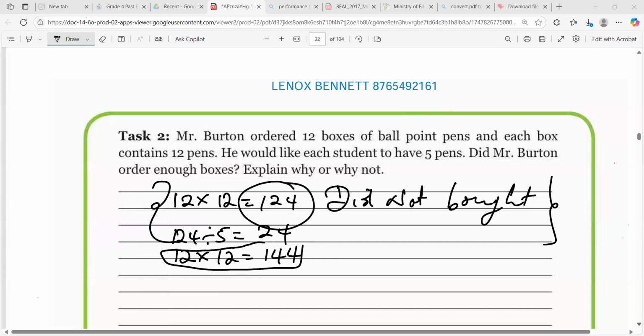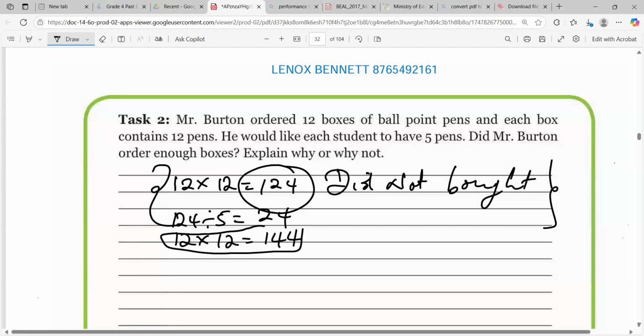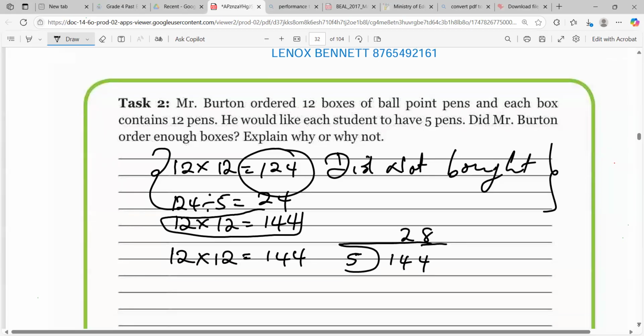And then he said he would like each student to have 5 pens. So I divided 5 into 144 and I got 28 remainder 4. So my conclusion is he didn't get enough pens because only 28 students would have gotten pens and he has 32 students. Okay, all right. So you say no as well.